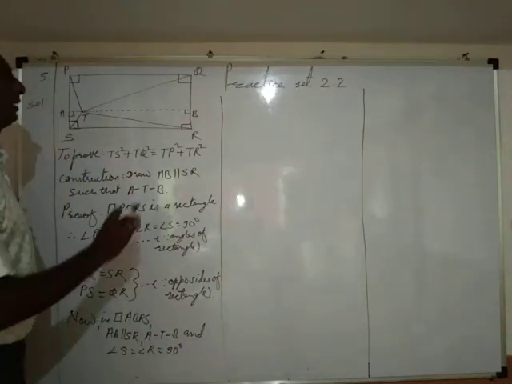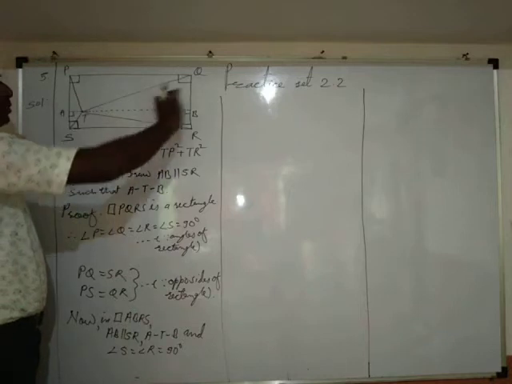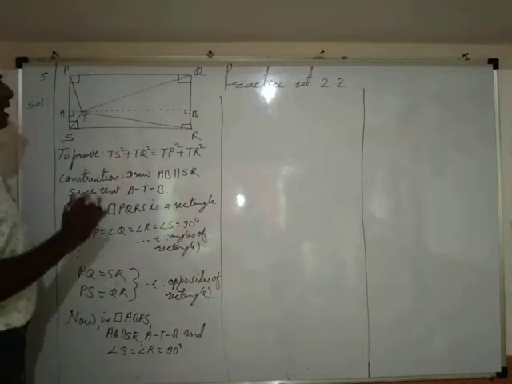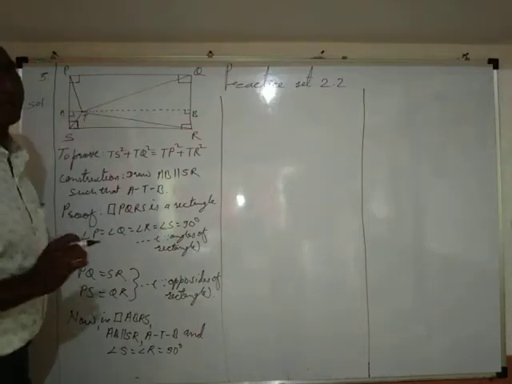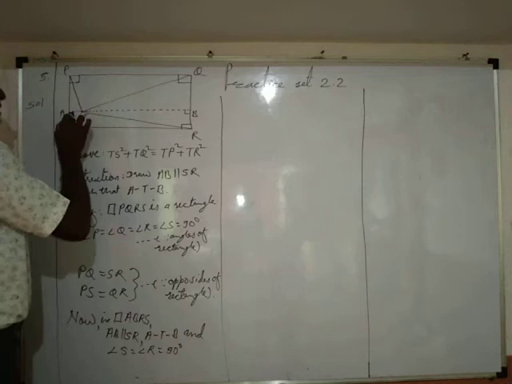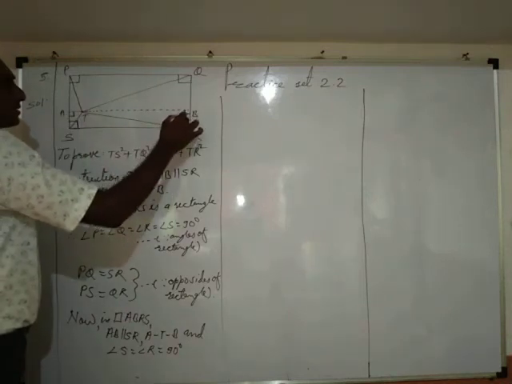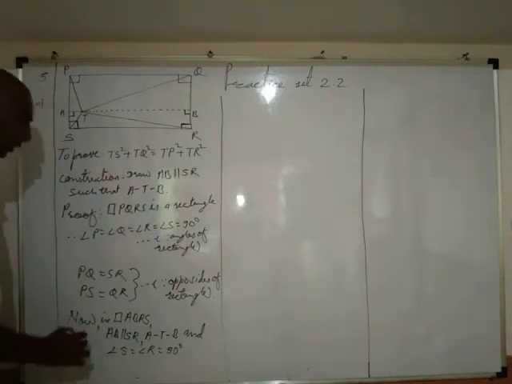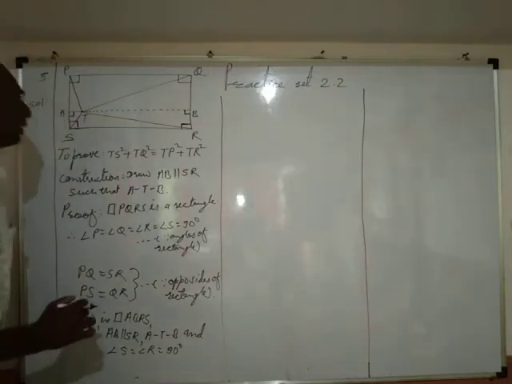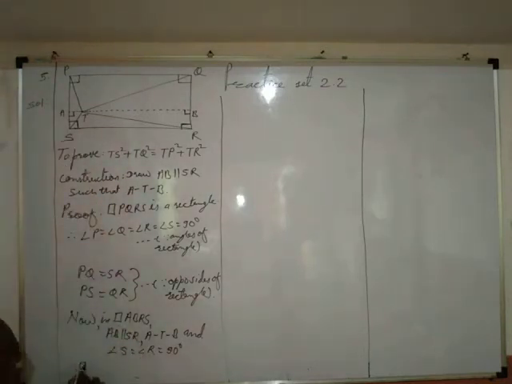We know that if in a quadrilateral one pair of opposite sides is parallel and at least one of the angles is a right angle, then the rest of the angles are also right angles and that quadrilateral is a rectangle. Therefore quadrilateral ABRS is a rectangle.